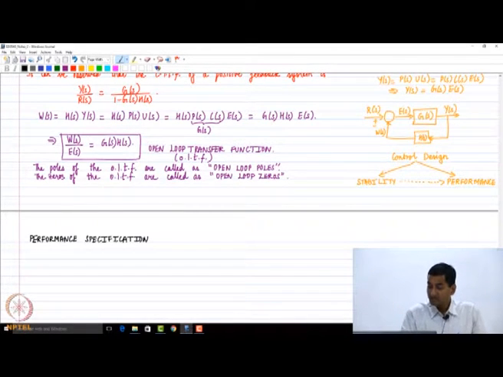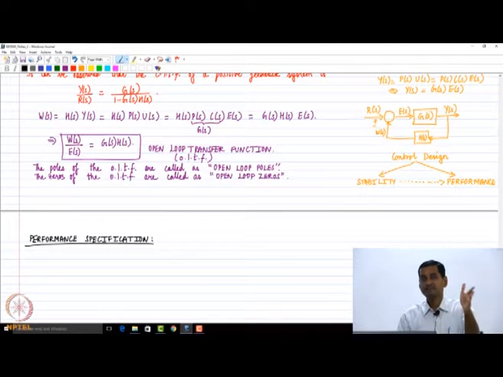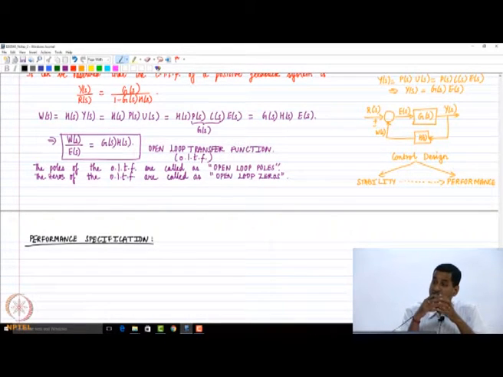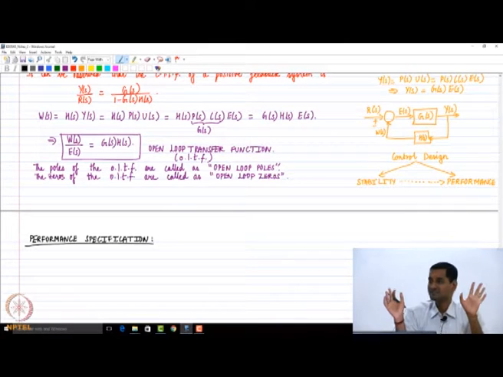Now the question is, let's say there are 60 of us in this room, and let's say we want to develop a controller for regulating the temperature of air in this room. Now let's say all 60 of us design stable controllers.